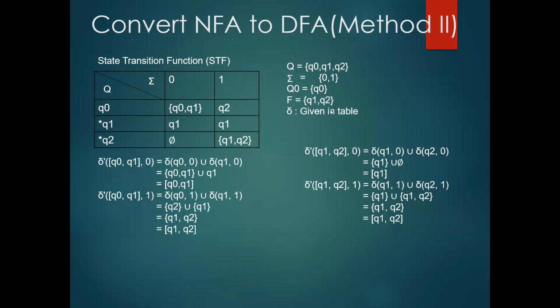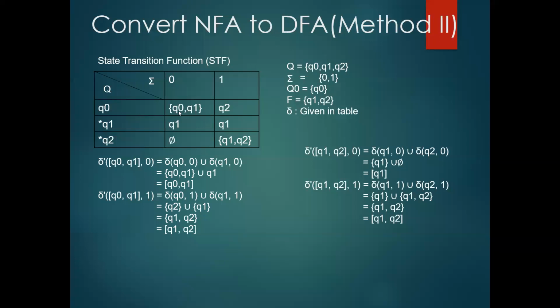Fine. Now, in this direct method, instead of considering all states in the power set of Q, only those states which are given are considered. Now, which are those given states? Q0, Q1, Q2 are the singular states whose transitions you can see directly in your state transition function.